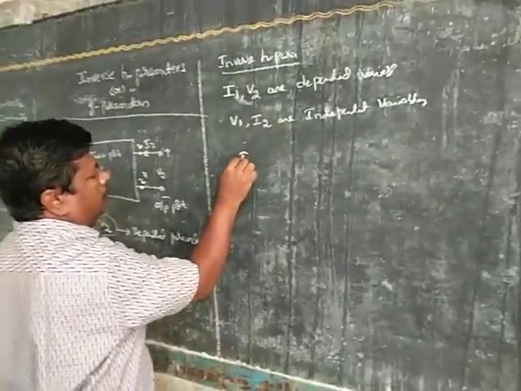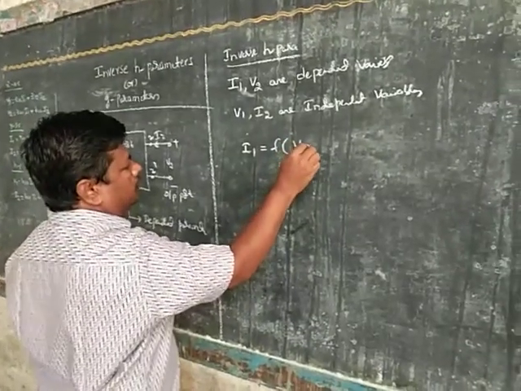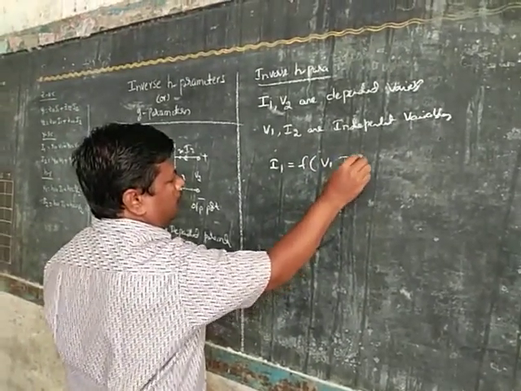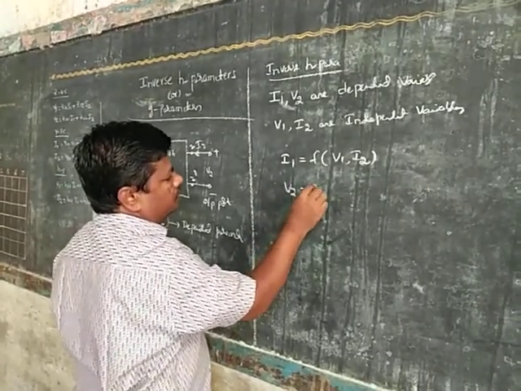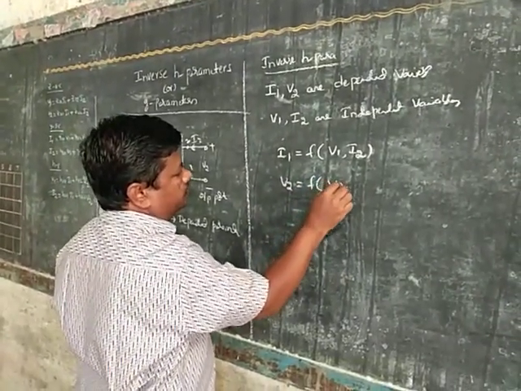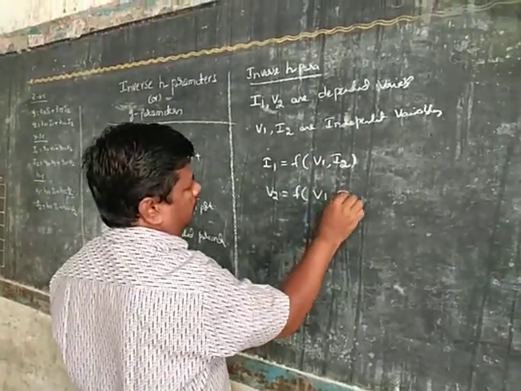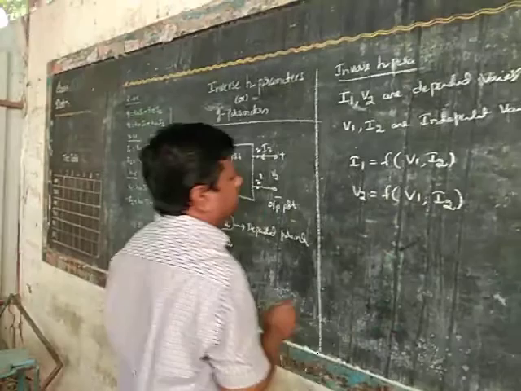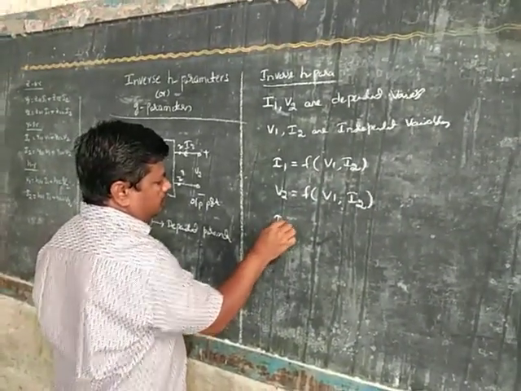Now I1 is a function of V1 as well as I2. Similarly, V2 is a function of V1 and I2. So this can be written in terms of matrix.